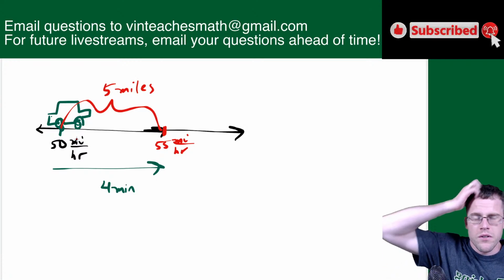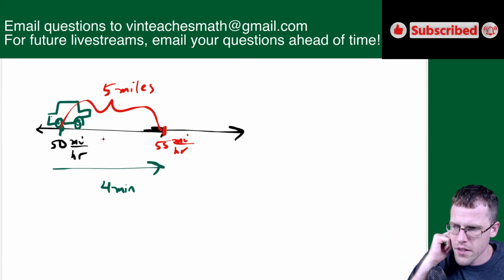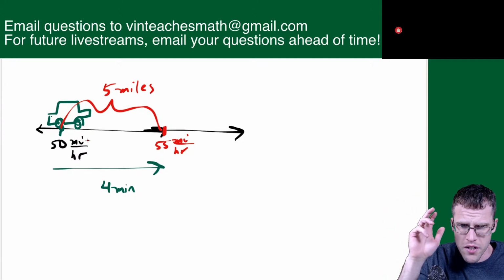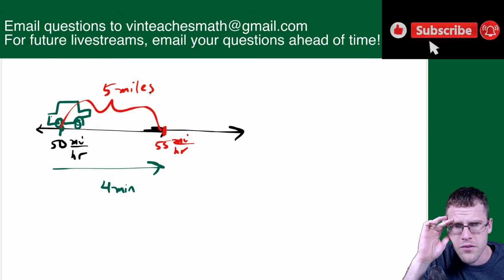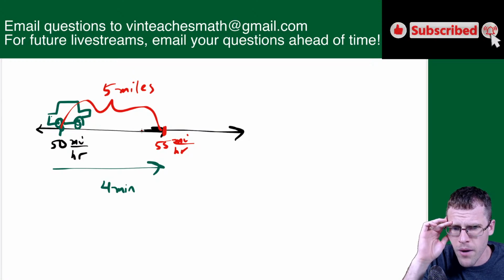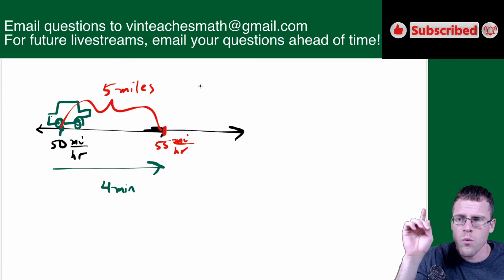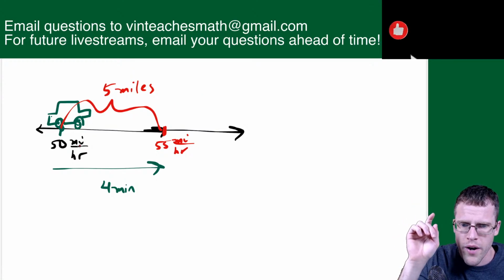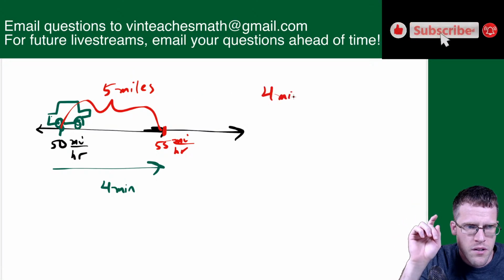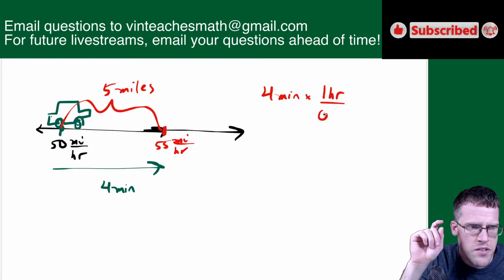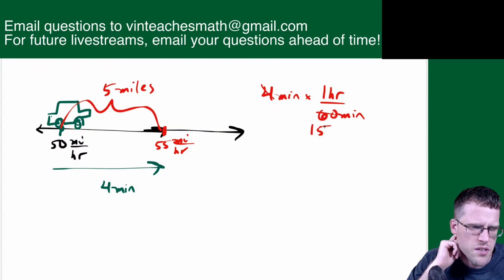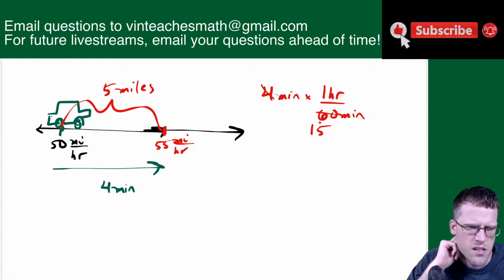Okay, so it really depends on the average rate of change. So this person is going 5 miles in 4 minutes. But one thing is that these are in miles per hour. So just know 4 minutes, if I do times 1 hour for every 60 minutes, 4 over 60 is 1 over 15.